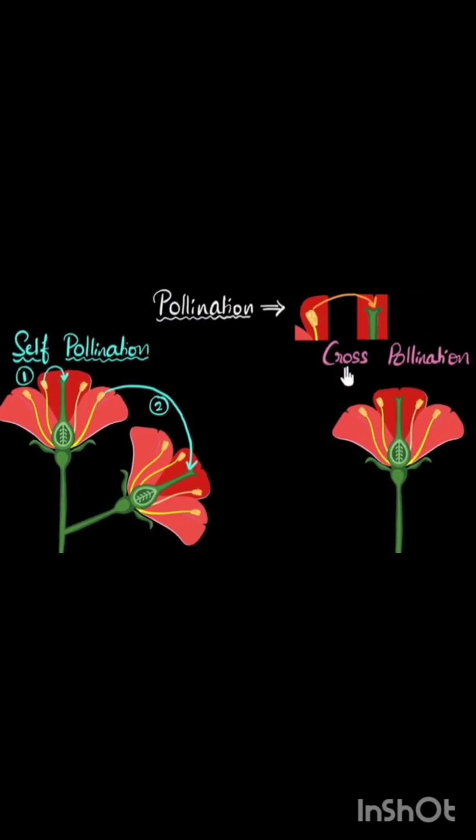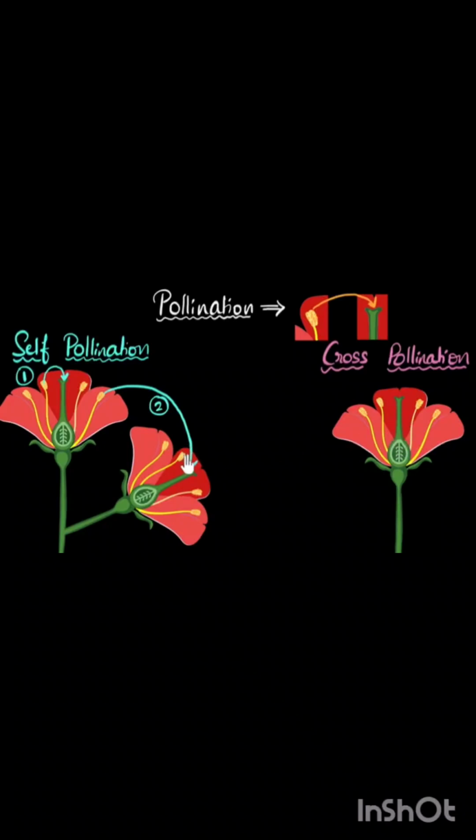On the other hand, what do you think is cross-pollination? Can you guess that now? Well, cross-pollination is the transfer of pollen grains from one flower to a flower of a different plant or a different tree.